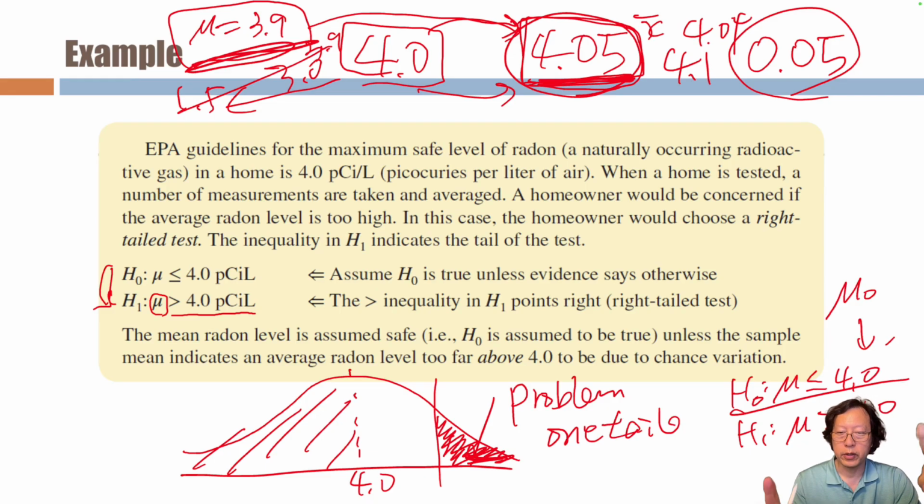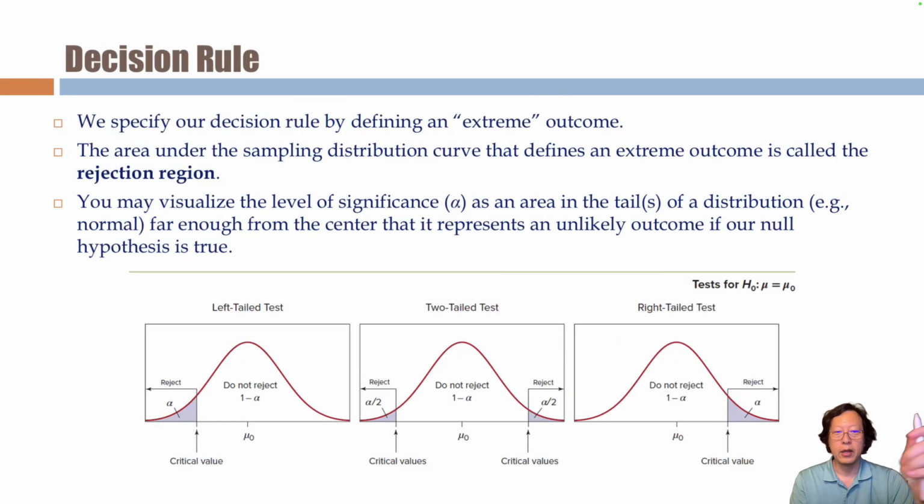Of course, again, this is a statistical conclusion. So the decision rule is: can we have strong enough evidence? Strong enough means it's an extreme outcome.